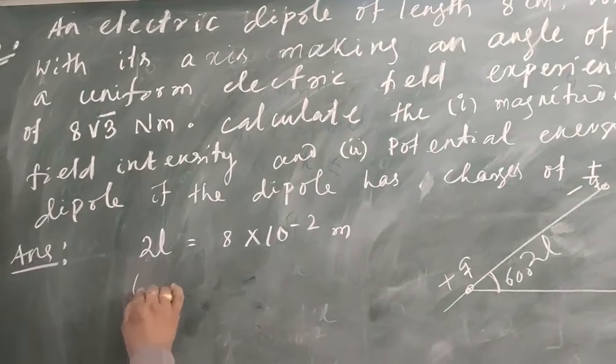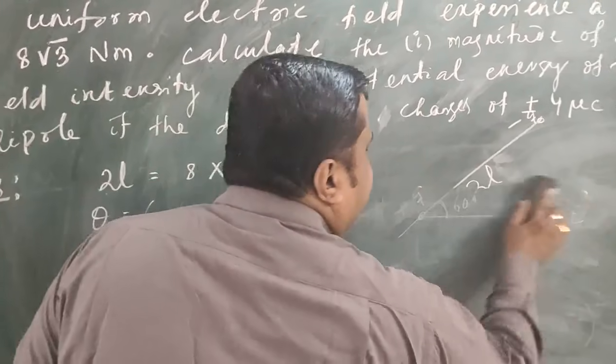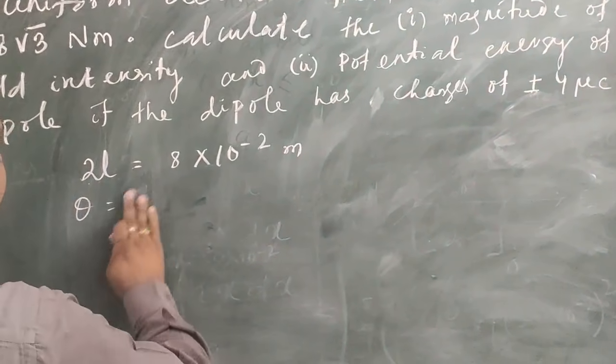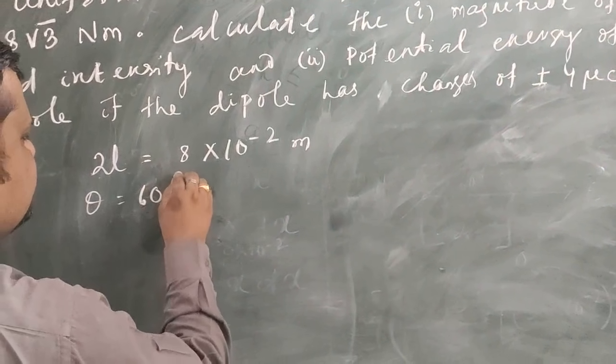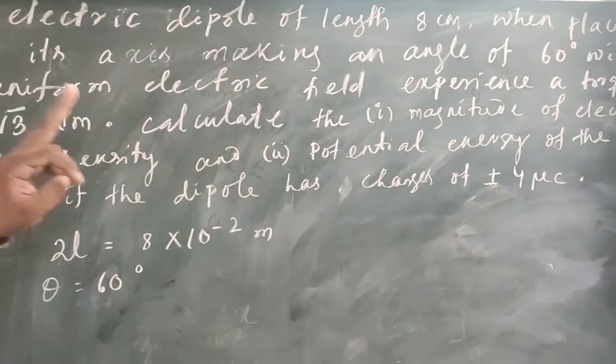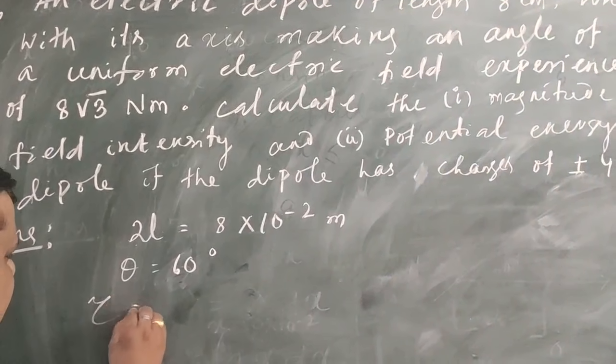So theta is equal to 60 degrees. The dipole at an angle of 60 degrees with a uniform electric field experiences a torque tau. What is the torque?